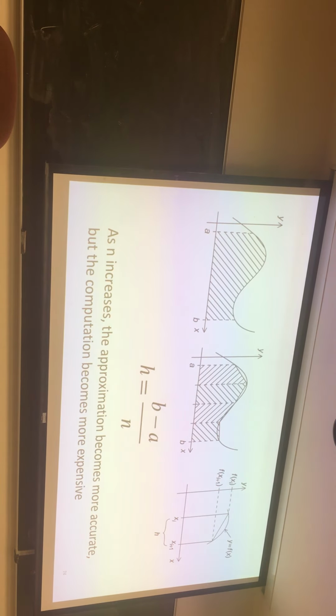So to improve the accuracy, you need to divide this interval into a larger number of trapezoids. As n increases, the approximation will become more accurate. But of course, the drawback is you're going to spend more computational time. Let's say you want to divide this into a million trapezoids. That means you need to evaluate this function f a million times. That can be very expensive, and that can be a good candidate for parallelization.